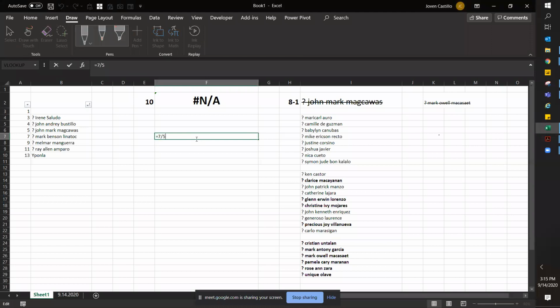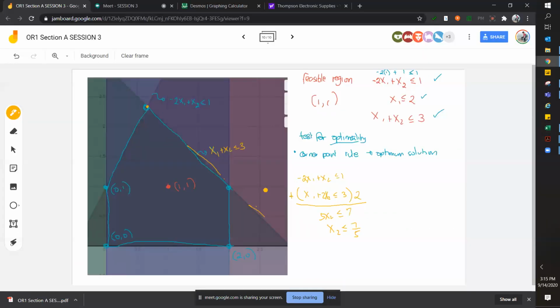Okay, bakit siya 1.4? Tama ba tayo ng ginawa? Sorry, hindi pala, wala pala yung 2. X sub 2 lang pala yun, sorry. Ayun, so ito yung x sub 2 lang. So, cancel to.